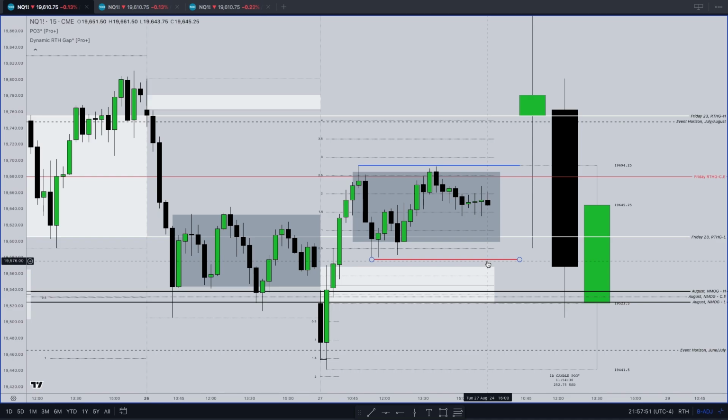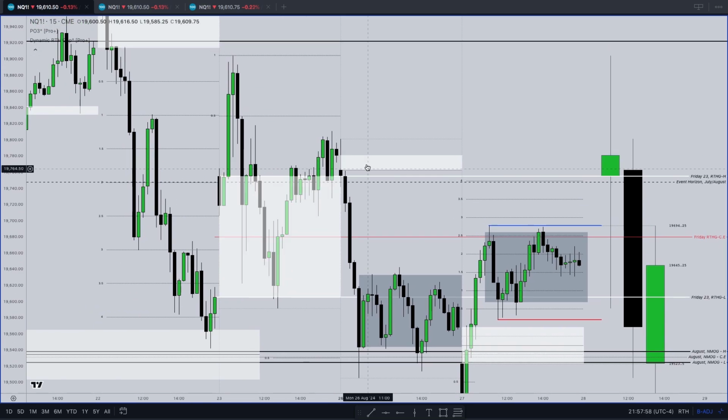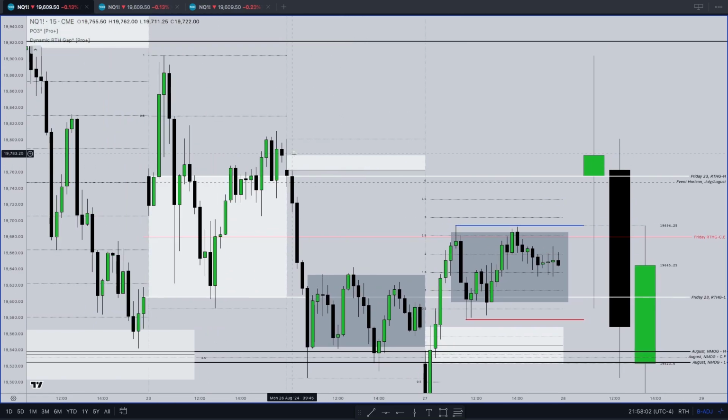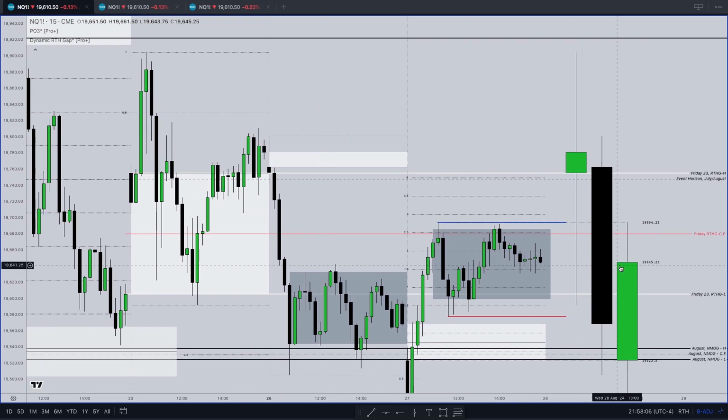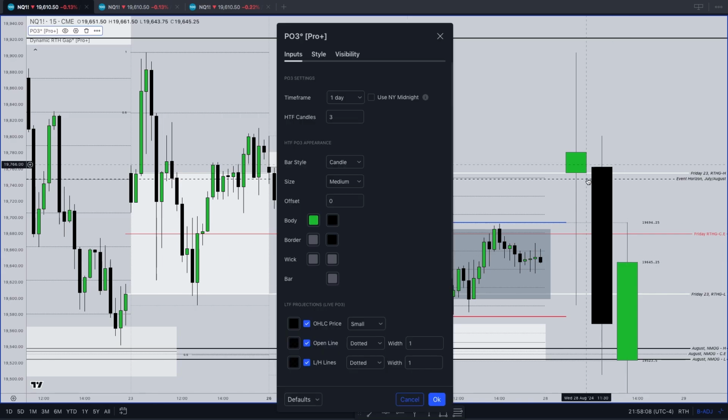And we have this gap, and we have this gap. But this is important. This is a new week opening gap. If you think like the weekly candle, this is the daily candle.